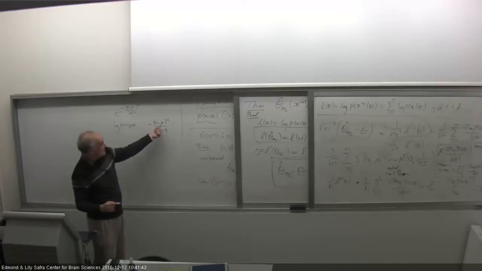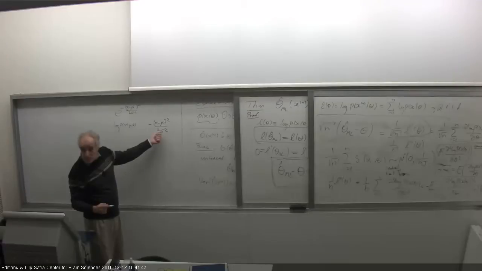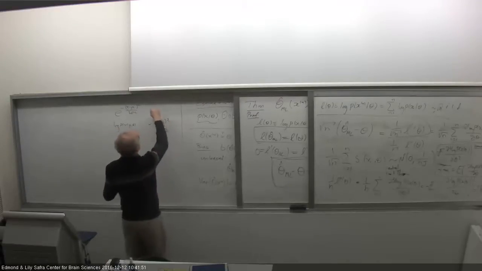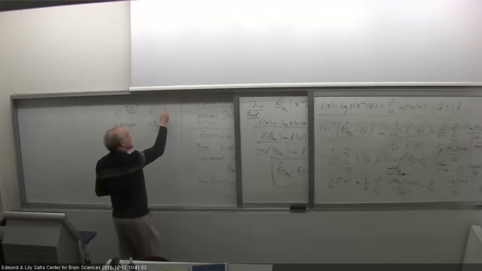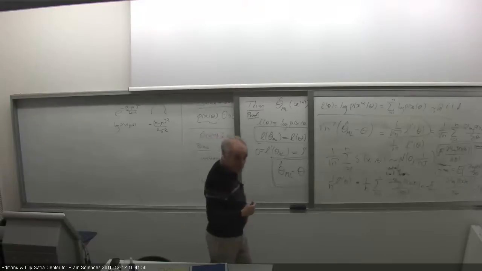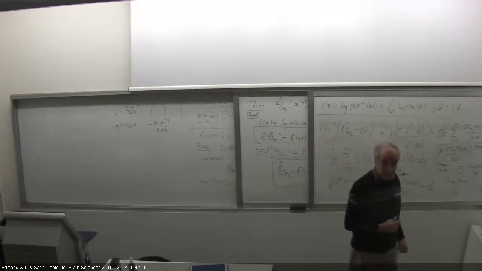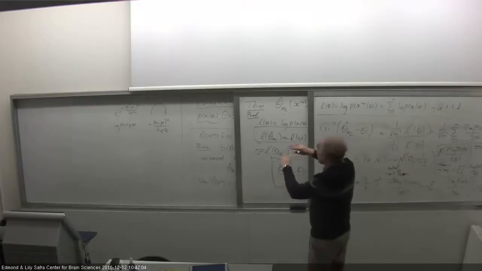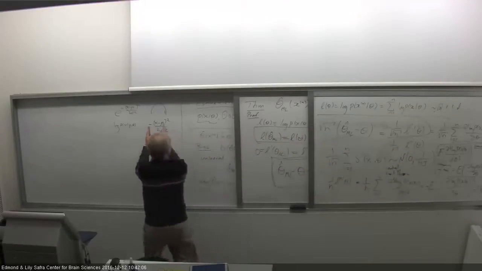The first derivative gives me the mean, which is 0. The second derivative is exactly 1 over the variance. So at the top of this Gaussian, the second derivative of the parabola is exactly 1 over the variance in the case of a Gaussian.